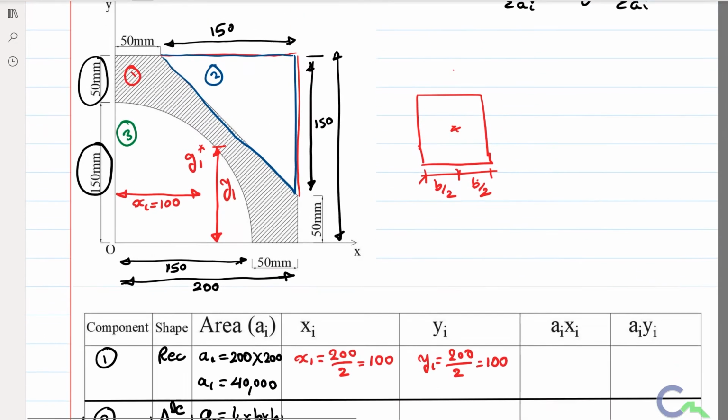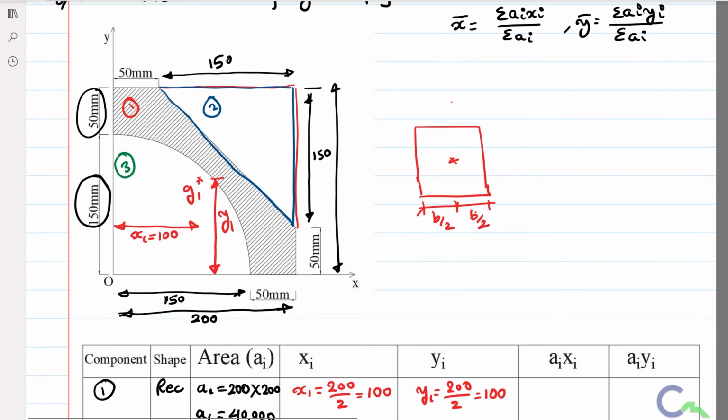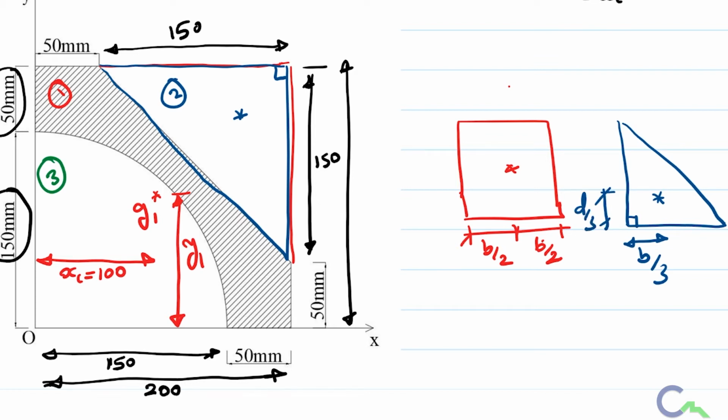After calculating the A2 value, I have to calculate the x2 value, from the OY reference axis. If I take the centroid of the second figure, that is the triangle, from this corner, we have seen in the derivation that for any triangle like this, the centroid is at a distance of b by 3 from this right angle and d by 3 in the vertical direction.